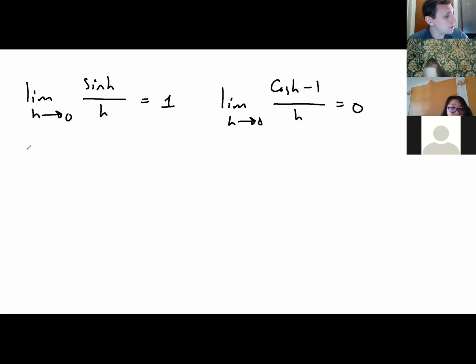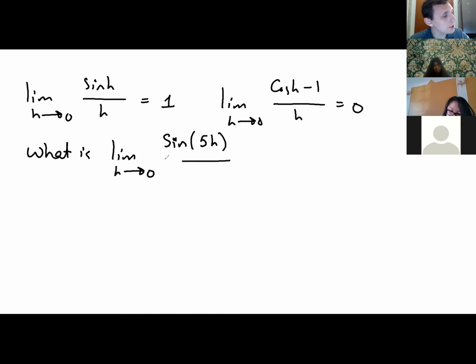Now, what would you say is this? What is the limit as h goes to 0 of sine of, let's say, 5h divided by h? What is this?